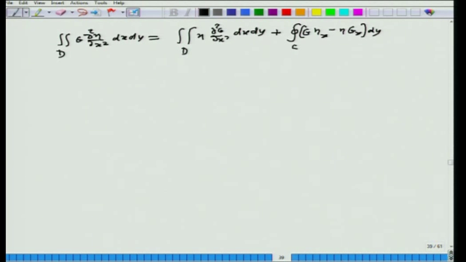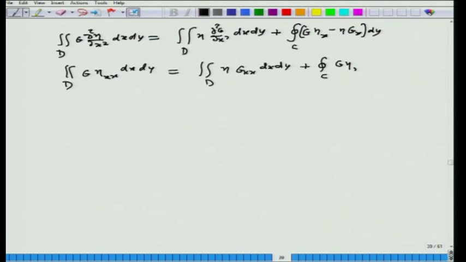This eta x x, we can write in short form, g eta x x dx dy, is over D eta g x x dx dy plus the boundary term g eta x minus eta g x dy.